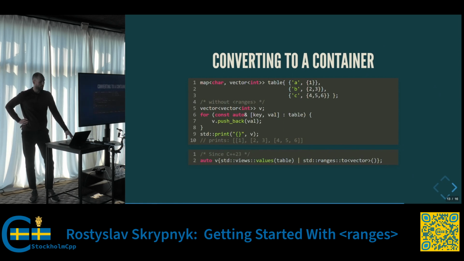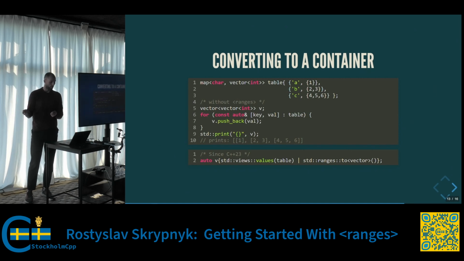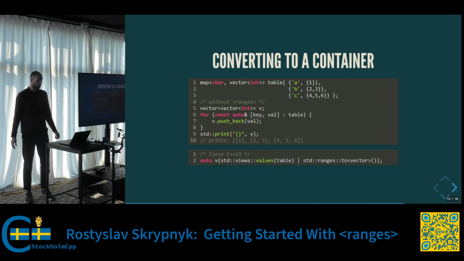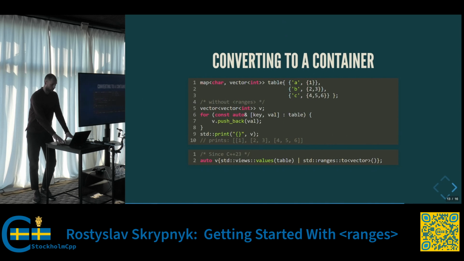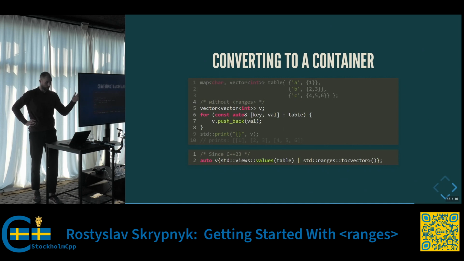So in C++23 you have ranges::to utility, and you have the views::values, so you get a view over all of the values in your map. And then you pass it on to this to, and it creates a collection for you. So v is vector of ints again. And notice how you don't have to say what the data type is, right? It will deduce itself that it's a vector of ints that it puts into a vector. I just have to say it's a vector. I could have said it's a deque, and it would be deque of vector of ints.